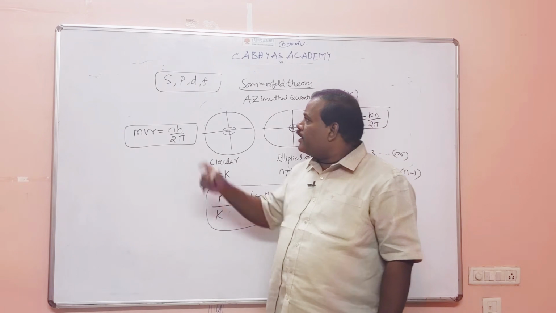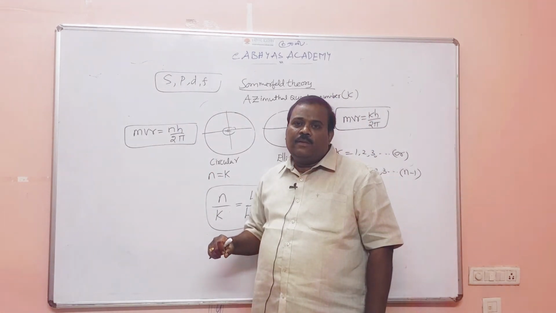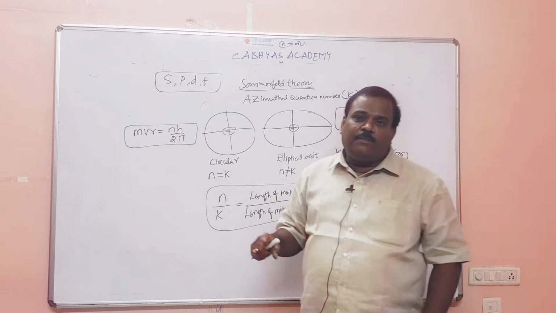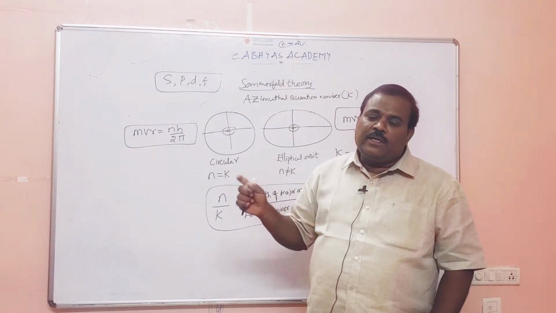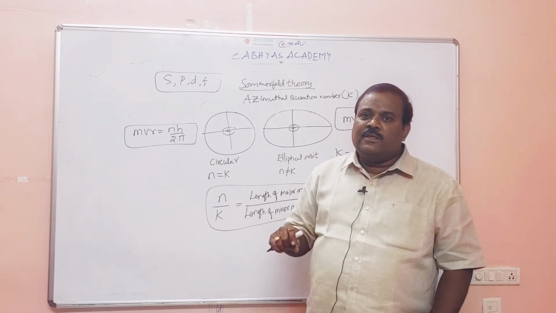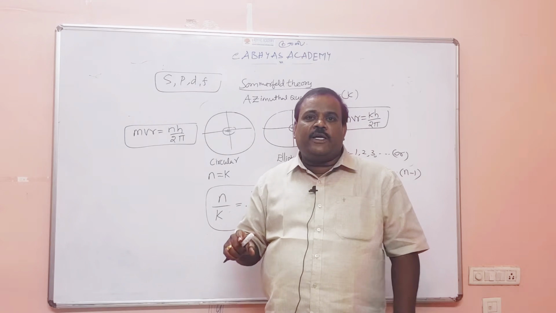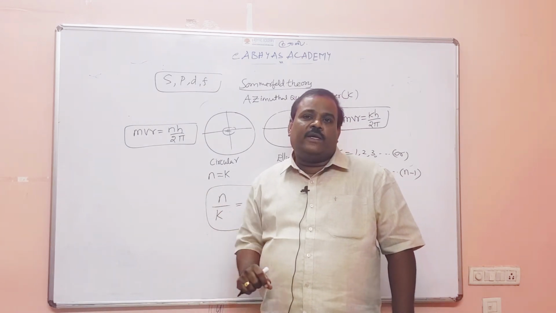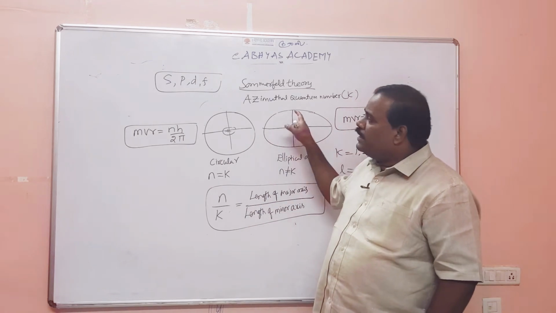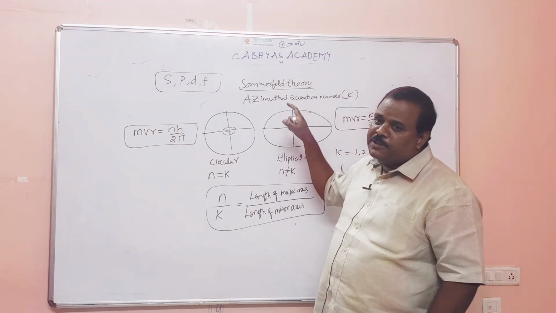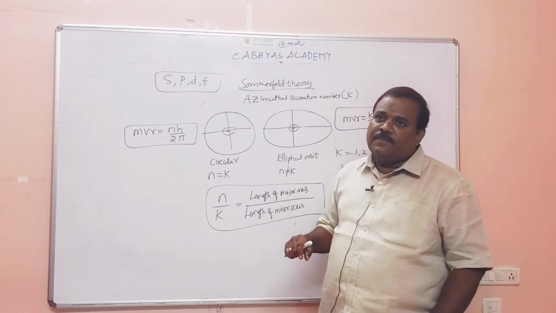Bohr's theory could not explain the presence of these subshells because it proposes only main orbits, that is n is 1, 2, 3, 4. In those main orbits, subshells like SPDF were proposed by Sommerfeld. Thus, azimuthal quantum number indicates subshells that are present in the main shell.